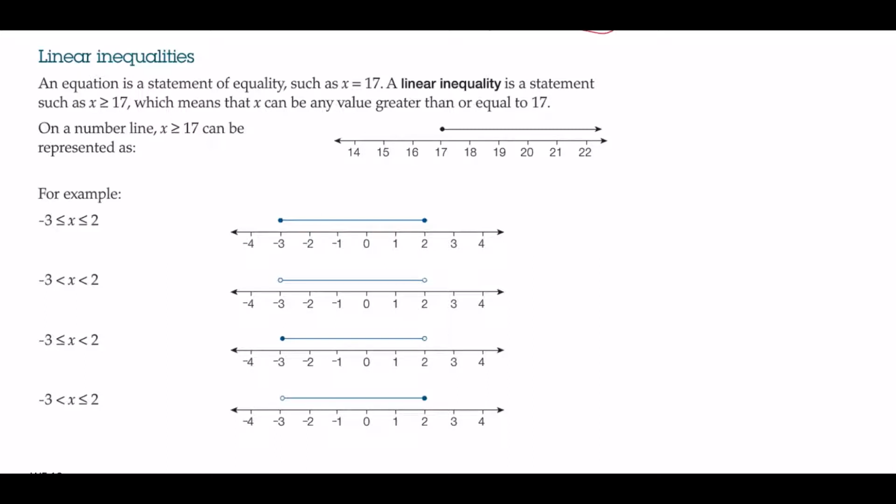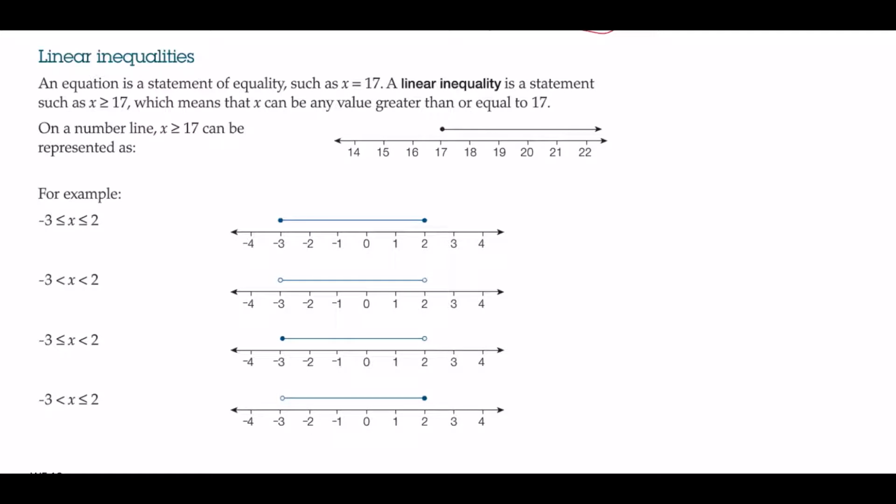So, for example, on a number line, if I'm showing x is greater than or equal to 17, then I've got 17 here, and the technique is a coloured in dot. That means this is representing our values, effectively every value that holds true for this. So if x is greater than or equal to 17, then x can be any value along here, including 17, because it's a filled in dot.